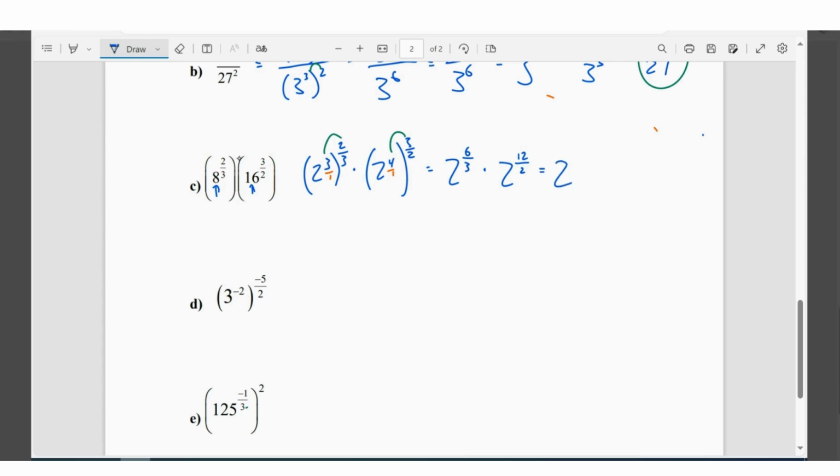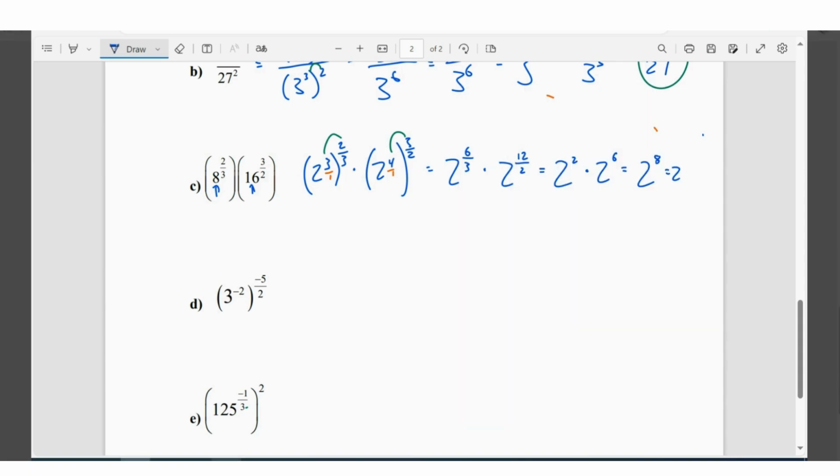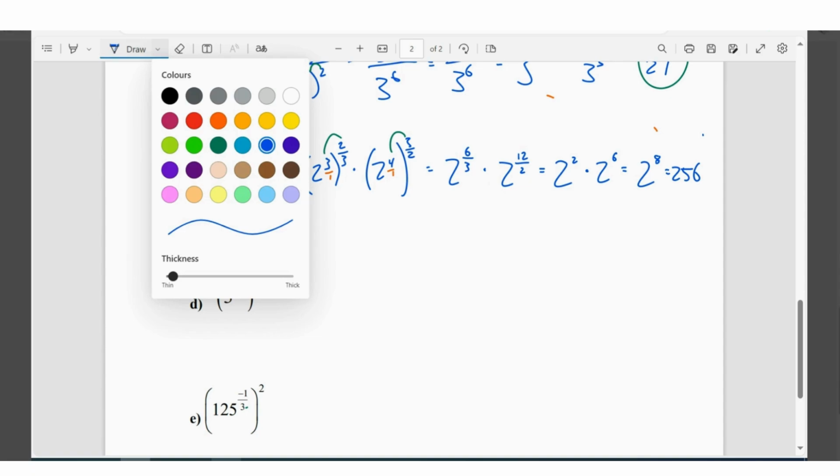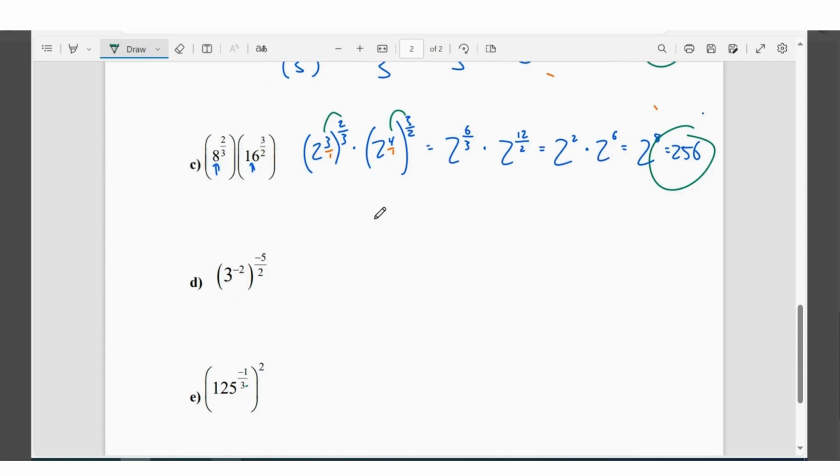That equals 2 to the power of 6 divided by 3 is 2, times 12 divided by 2 is 6. And now we can add these exponents. We get 2 to the power of 8, and I need to use my calculator. 2 to the power of 8, 256. It did ask me, I think, to solve without my calculator, but maybe simplify without my calculator, sure.